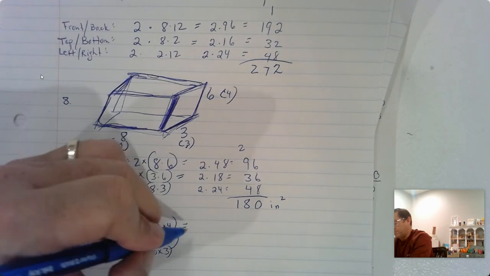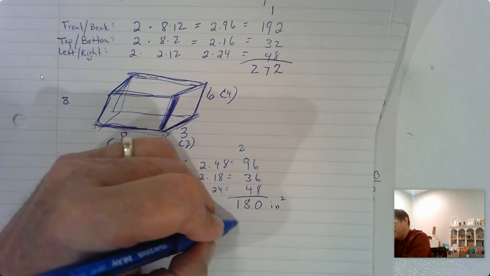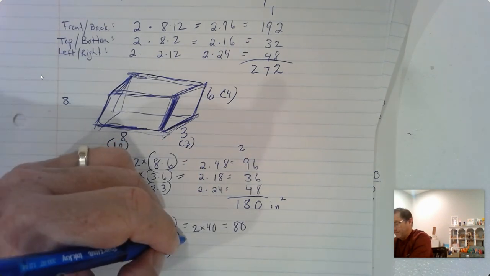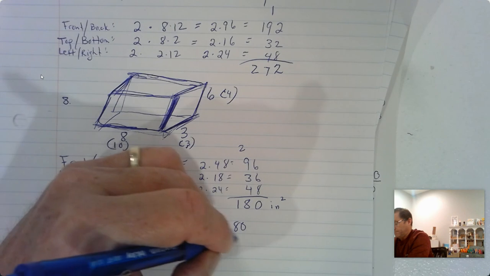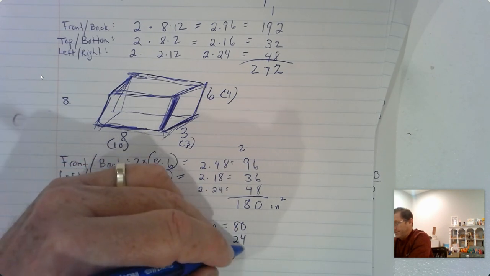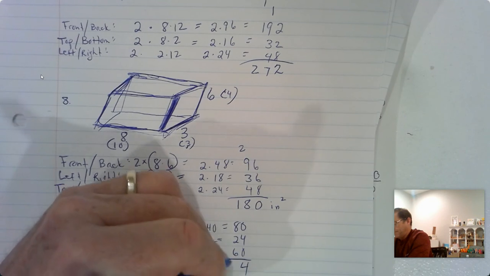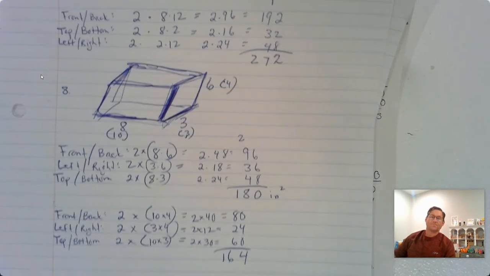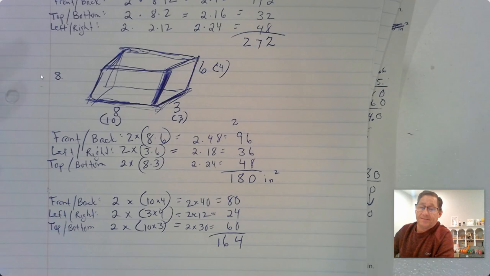Okay, so 2 times 40 is 80. 2 times 12 is 24. And 2 times 30 is 60. Okay, now there's 2 ways we could do this.